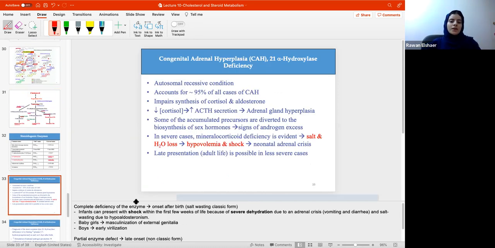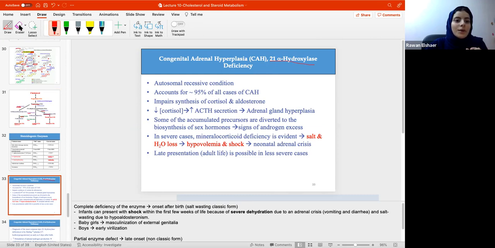As I mentioned, congenital adrenal hyperplasia. Let's first talk about if the 21 alpha hydroxylase was affected. They're very important, because honestly, even in fourth year, in our pediatrics rotation, they still ask us about this. So it's definitely important for you guys to understand.